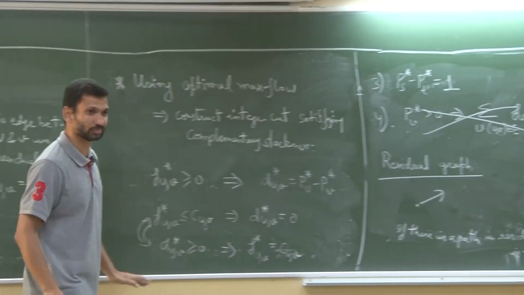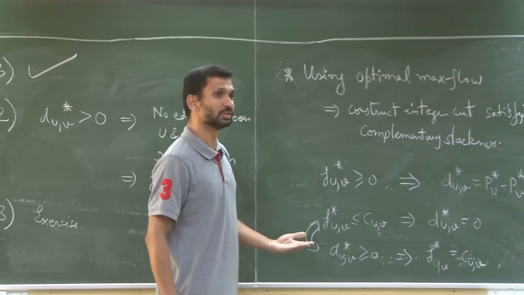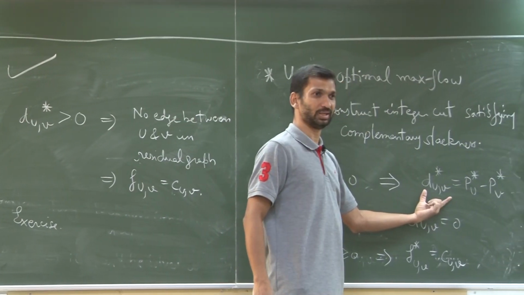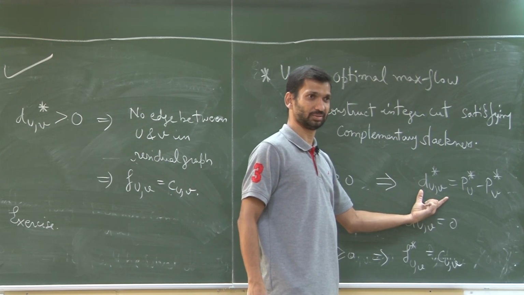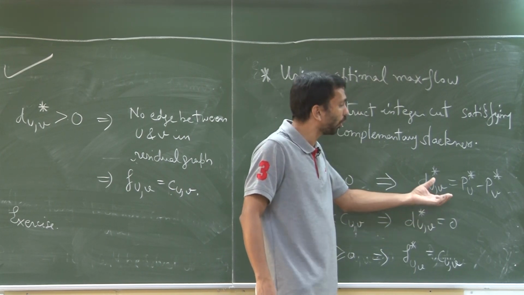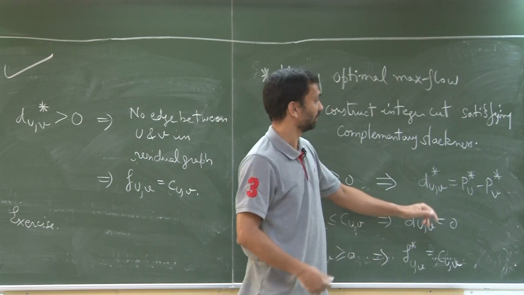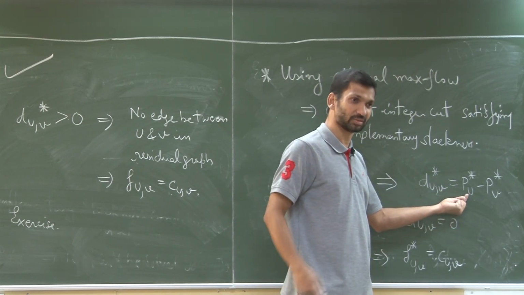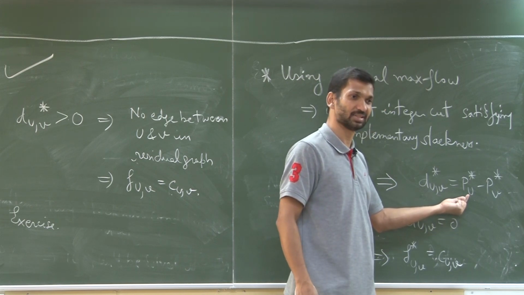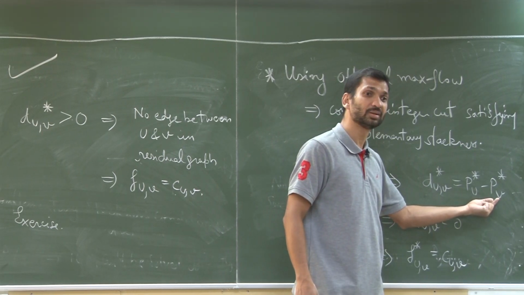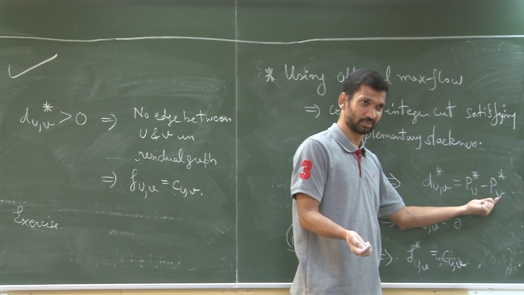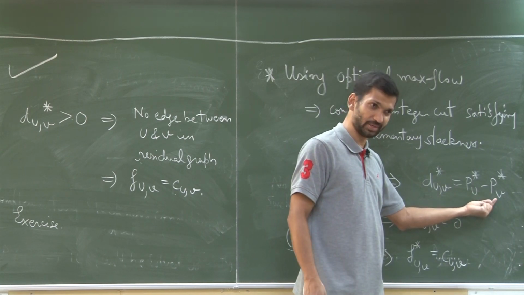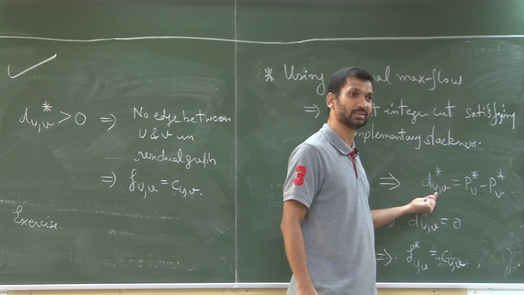That's the only problem there. So now look at this quantity. Whenever U was in S and V was in S bar, this will be 1, I will take it in the cut.